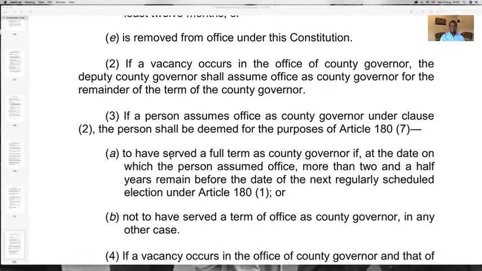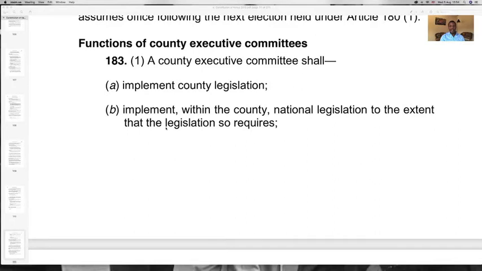And if the vacancy occurs in the office of a county governor, the deputy county governor shall assume office as county governor for the remainder of the term. This was purportedly termed by some spectators as bad law, in that the deputy county governor can plot the death of the governor so that the deputy county governor can assume office as county governor for the remainder of the term.